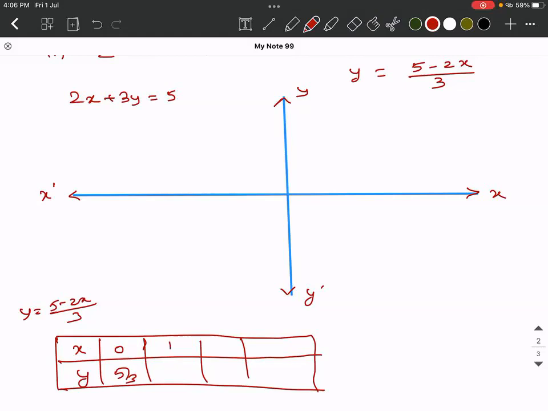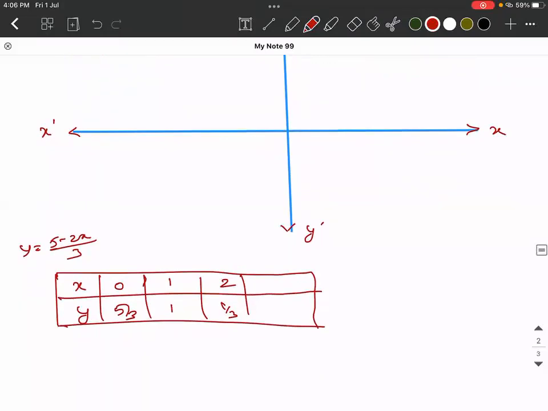When you put x is equal to 1, y is 1. So what do these values represent? 0, 5 by 3 is a point, 1, 1 is a point, and 2, 1 by 3 is a point. You put x is equal to 3, you will get minus 1 by 3.